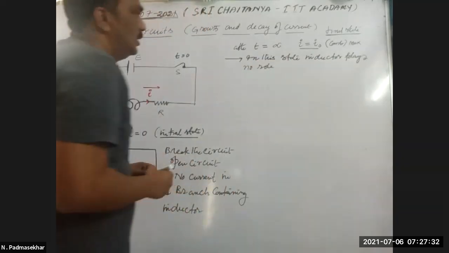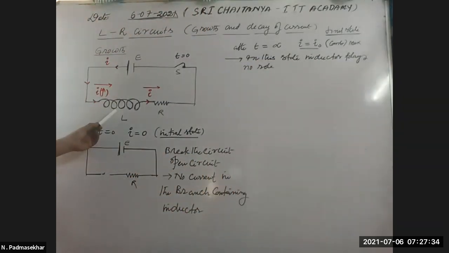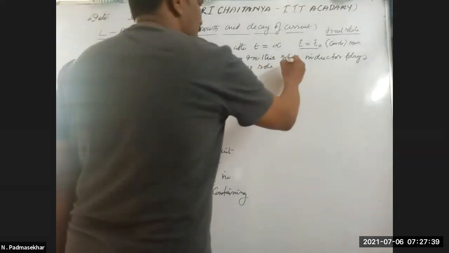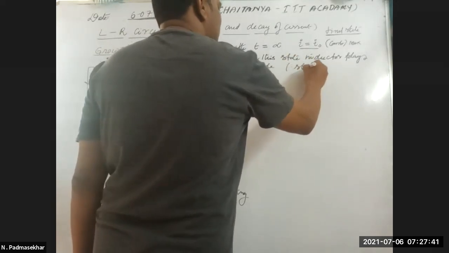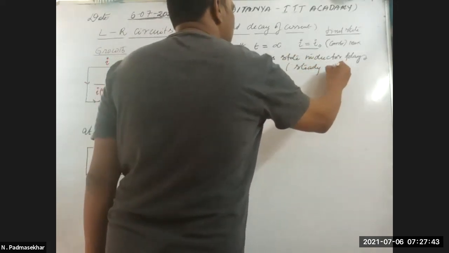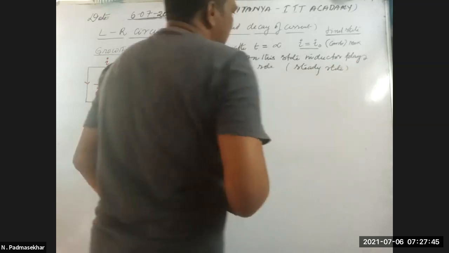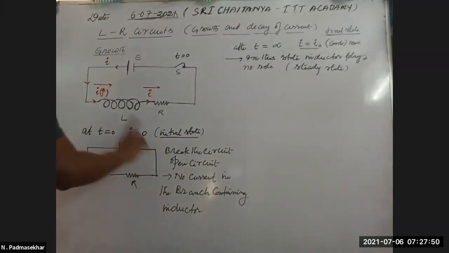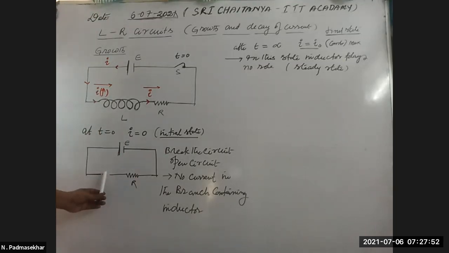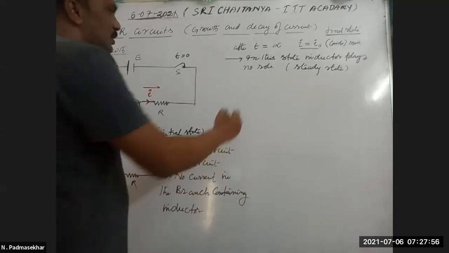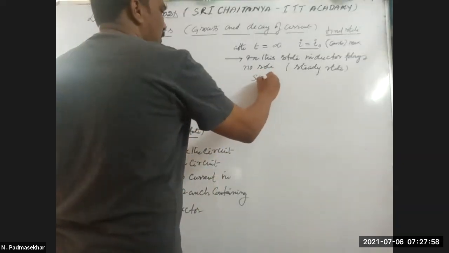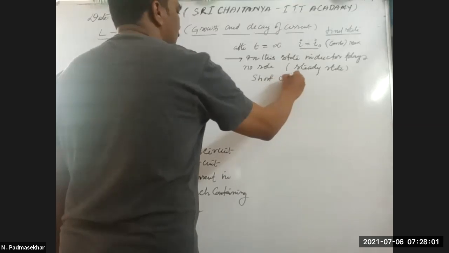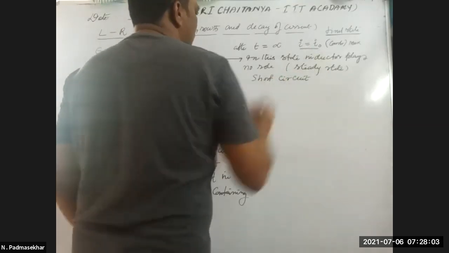Inductor plays no role at the final state. That state is called steady state. At t equal to 0 we said break the circuit, so this is a short circuit.